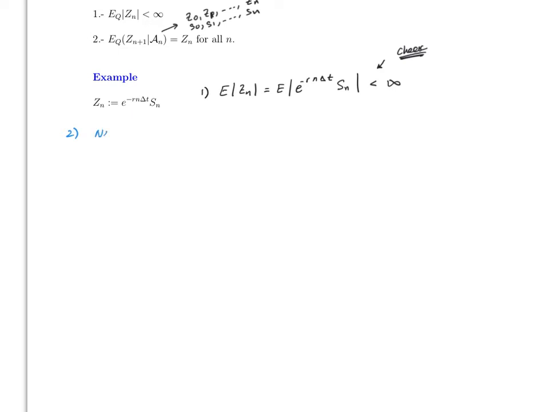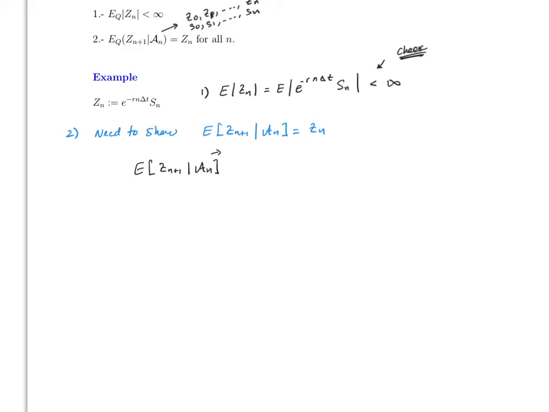So remember, you need to show that the expected value of Cn plus 1 given An has to equal Cn. That's what we want to show. So this is where we have the expected value of Cn plus 1 given An.